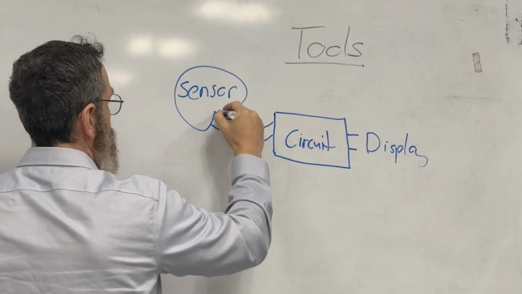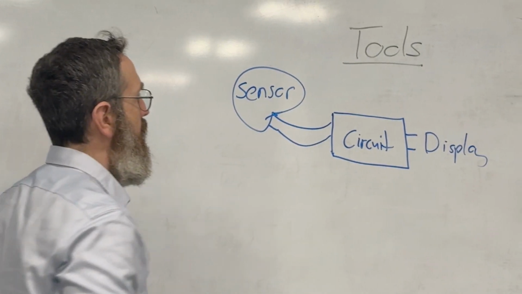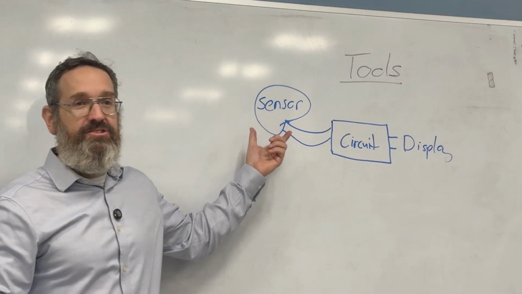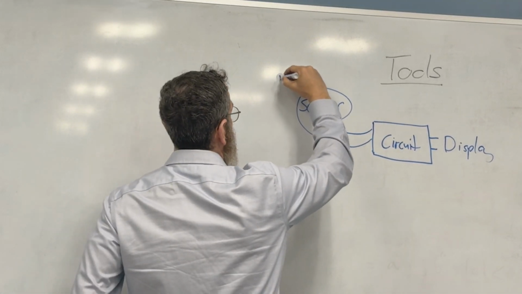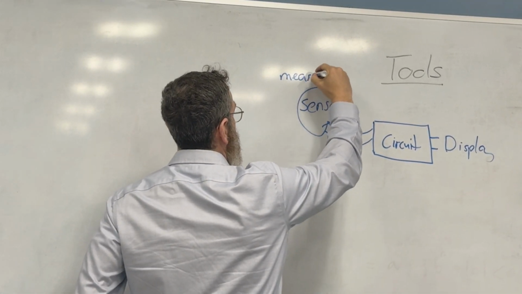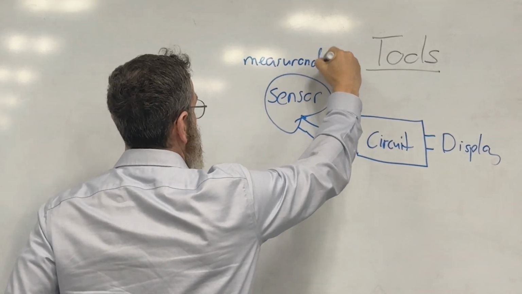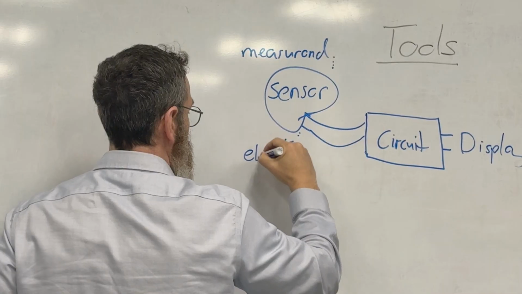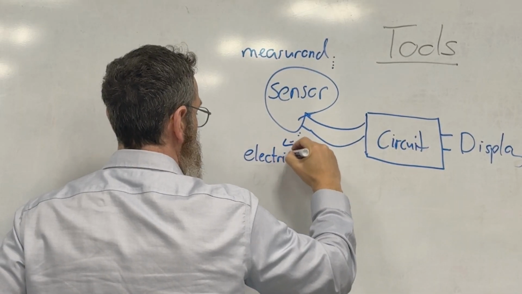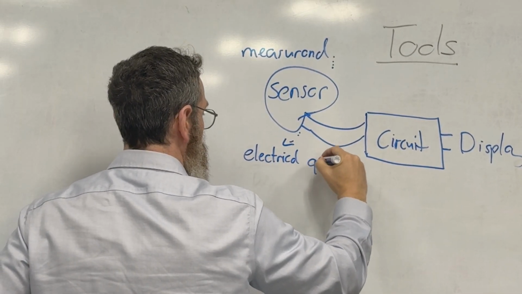Okay? And the sensor is the key element because the sensor converts the measurand into an electrical quantity.